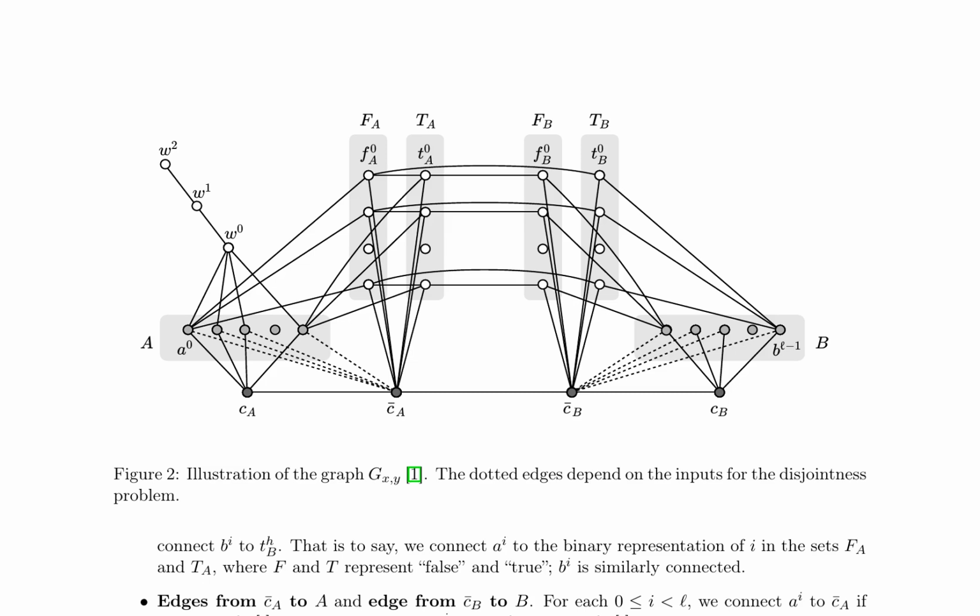edges that connect them. Nodes A_I and B_I are linked to the binary representation of I in sets F_A and T_A, and similarly for B. Edges connect C_A to all nodes in A and C_B to all nodes in B, as well as edges from C_A and C_B to nodes in F_A, T_A, F_B, and T_B.